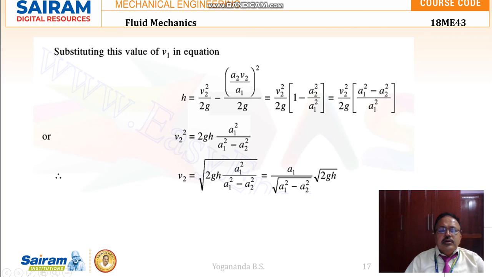Taking V2 square and 2g common outside, we have 1 minus A2 square by A1 square. Taking LCM and simplifying, V2 equals A1 divided by square root of A1 square minus A2 square, into square root of 2GH.